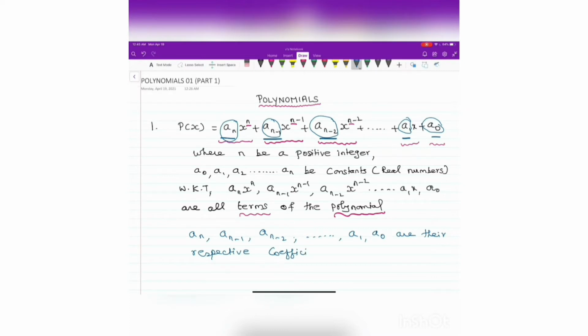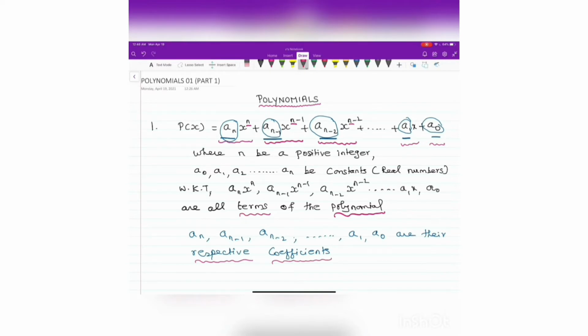And this word coefficients is also very important because when we work out the questions based on this particular chapter, in most of the questions you have to write the coefficients. So let me underline these two words, they are very important. What do I mean by this?